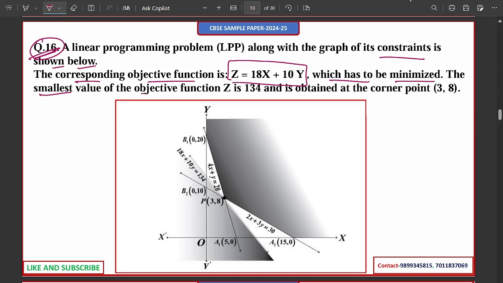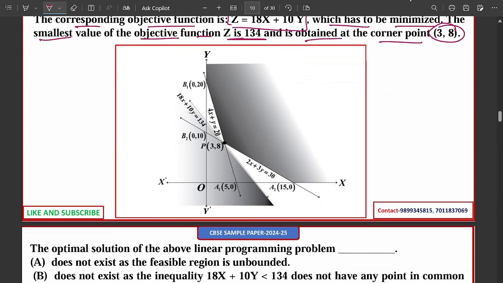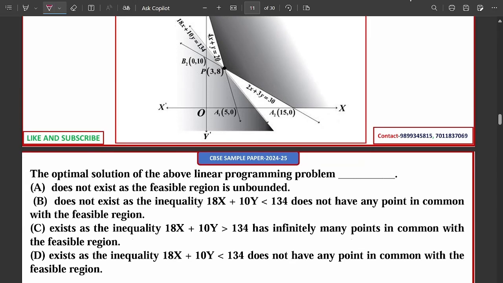The smallest value of the objective function z is 134, and it is obtained at the point 3, 8. So the optimal solution of the above linear programming problem does not exist, as the feasible region is unbounded. Option number B does not exist as the inequality this does not have any point in common with the feasible region and exist.